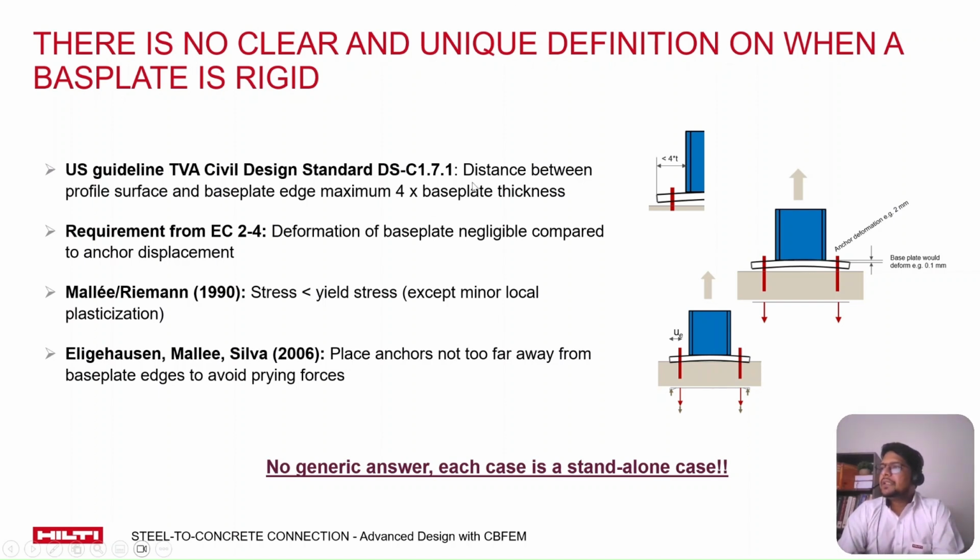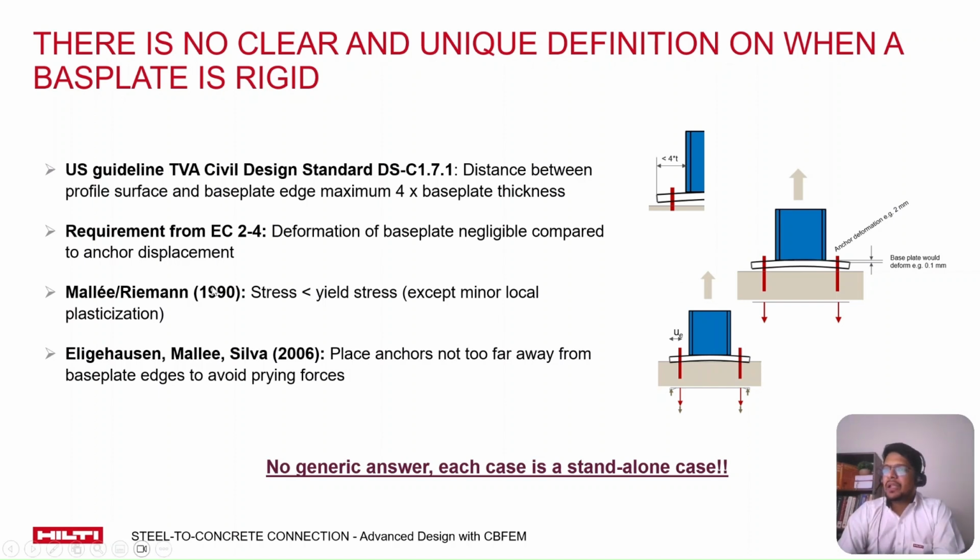One of the definitions says that the distance between the profile surface and the base plate edge should be limited to 4 times the thickness of the base plate. There is a requirement from EC2 Part 4, of course, that the deformation of the base plate should be negligible in comparison to the anchor displacement.